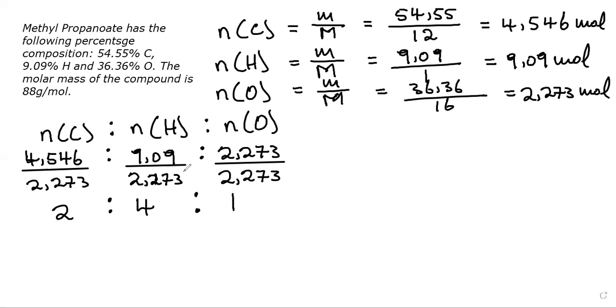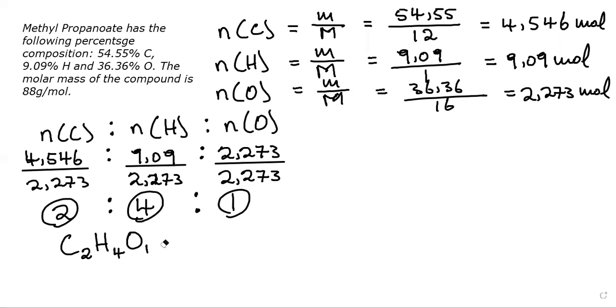So what is the meaning of this? It means the empirical formula. You're going to say carbon, hydrogen, and oxygen, and all these numbers are going to be the subscripts. So meaning you have 2 carbon atoms, 4 hydrogen atoms, and 1 oxygen atom, which if you prefer, you can choose not to write the 1.